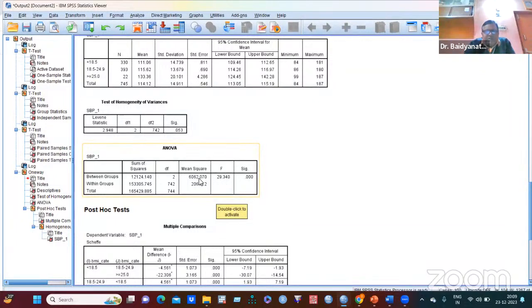This is the ratio between the two, and the corresponding probability is here. This is also significant, that is less than 0.05. So we got the ANOVA table, F value, and corresponding significance probability. From here we can say at least one pair has a significant difference.